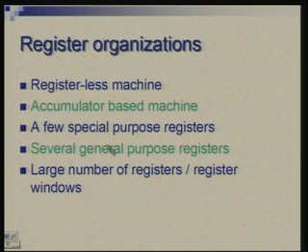Then MIPS like architectures. Then there are those which have a much larger number of registers, for example, as many as 256 registers. Sun Sparc is an example of that, but there these registers are divided into groups, each forms what is called a register window. At a time you work with one window, but you can switch from one window to another, and we will see what is the purpose of this and how this kind of switching is done.